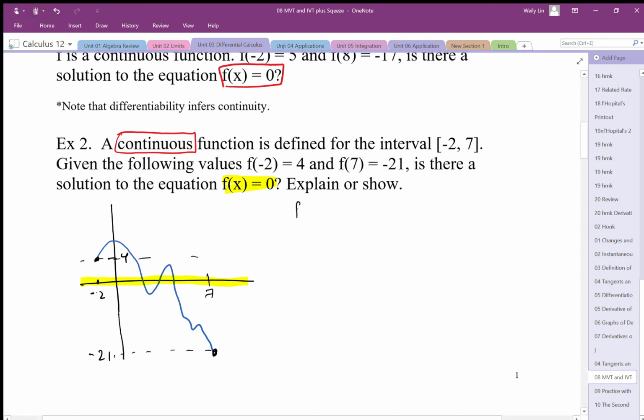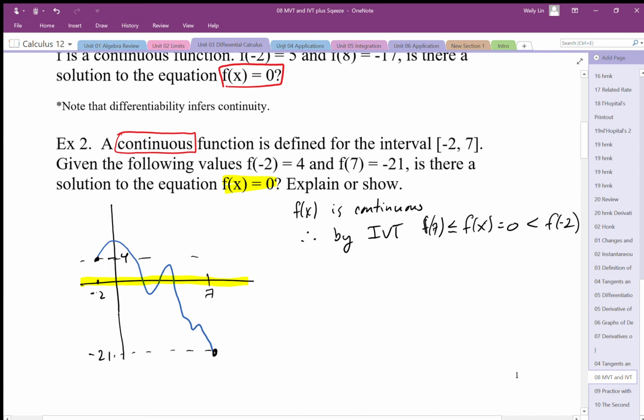So we can say that f of x is continuous. We need to make sure that we have this condition. Therefore, by IVT, intermediate value theorem, we know that f of x equals 0 must happen between f of 7 as a low bound and f of -2 as my high bound.